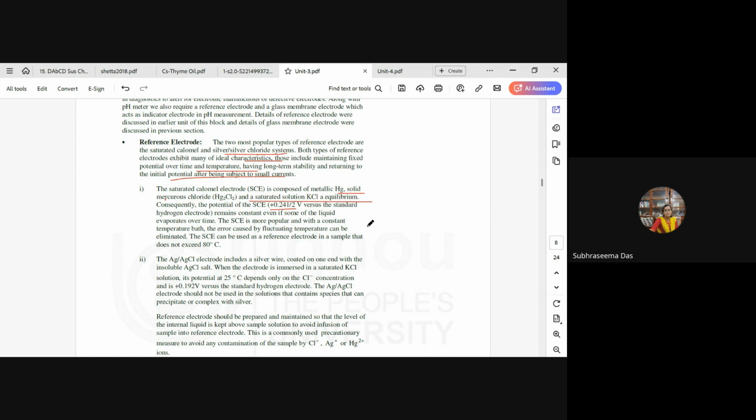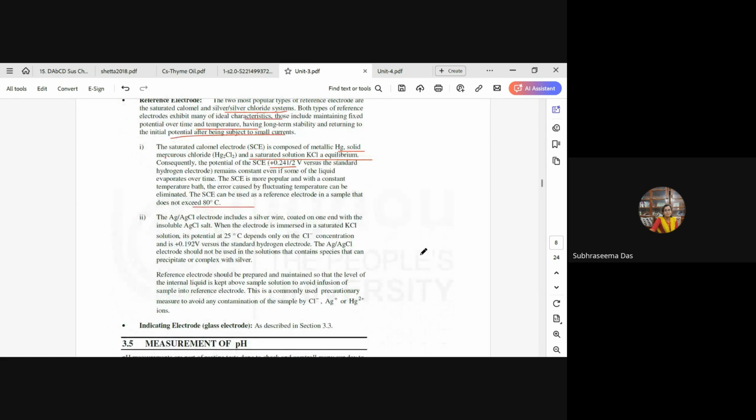The SCE is more popular, and with a constant temperature bath, the error caused by fluctuating temperature can be eliminated. The SCE can be used as a reference electrode for a sample that does not exceed 80 degrees centigrade.